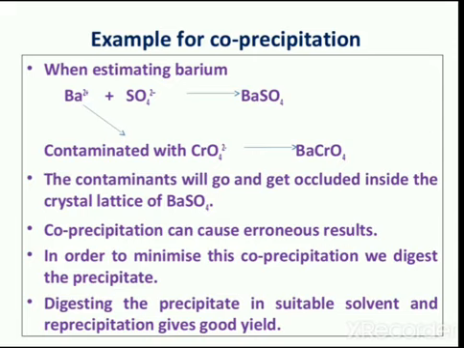If the precipitate formed is gelatinous, it is co-precipitated by adsorption, whereas if the precipitate formed is crystalline, the co-precipitation occurs by inclusion or occlusion. Adsorption is a surface phenomenon: the contaminant is adsorbed on the surface of the solid.